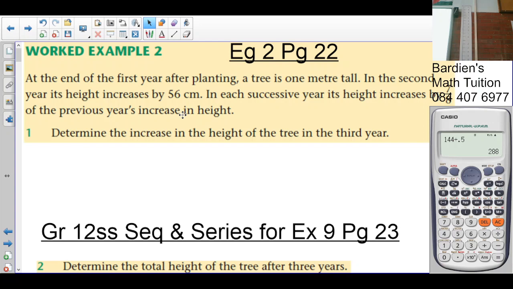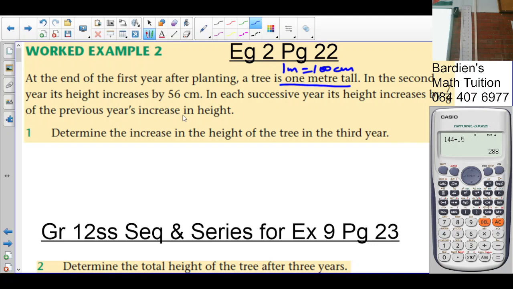Firstly, the initial height of the tree is given in meters, so 1 meter is also equal to 100 centimeters, also equal to 1000 millimeters, but because they're talking about centimeters here, I'm opting for centimeters. In each successive year, which means each year thereafter, its height increased by 7/8 of its previous year's increase in height.